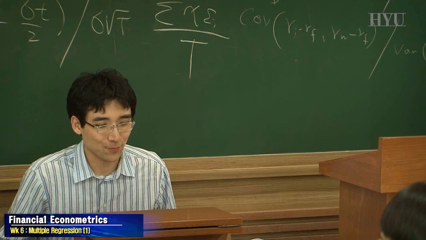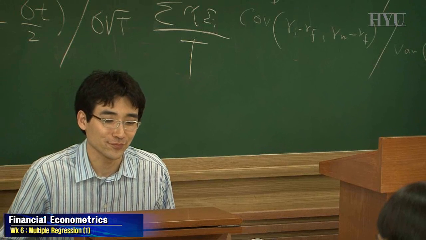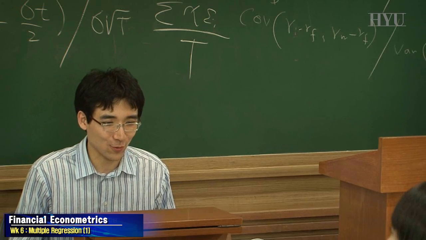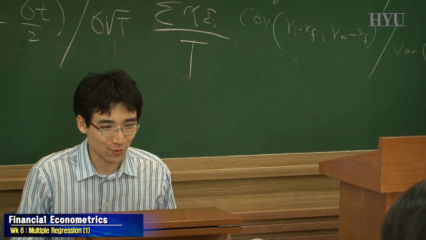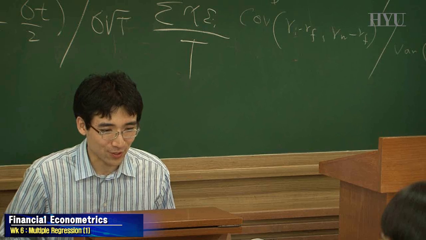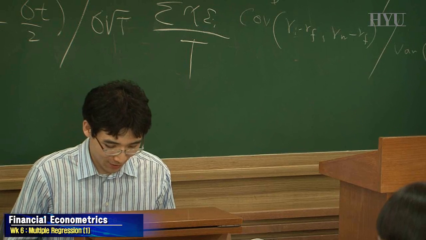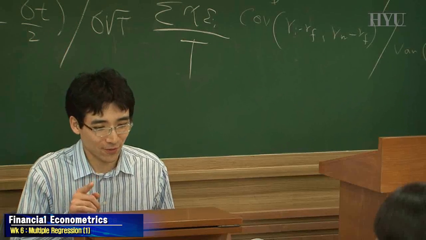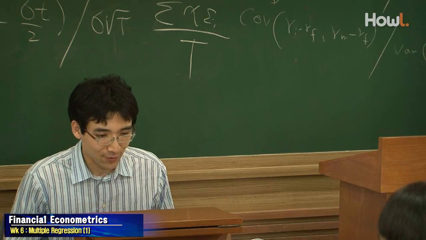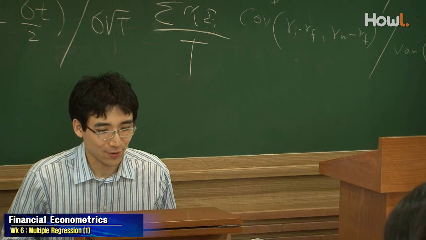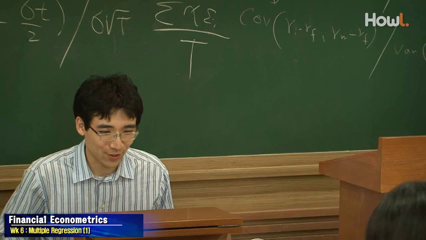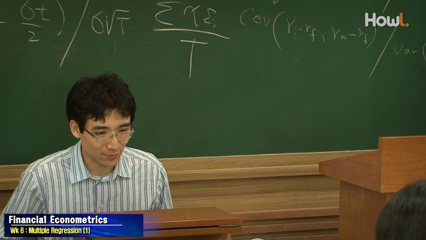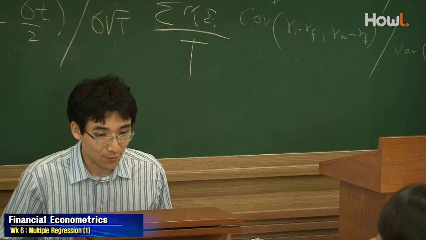Okay, and so the beta, our estimated beta, let's call it just b. b is solve of x prime x, which is the transpose of x, and then do the matrix operation: x prime x inverse x prime y.